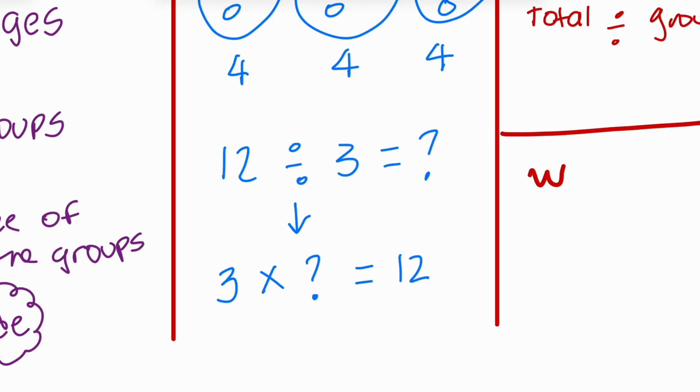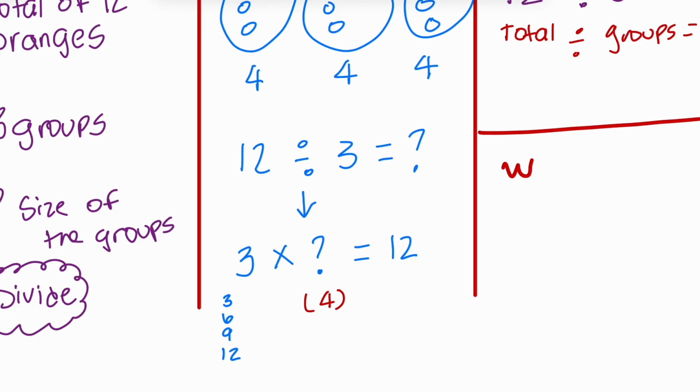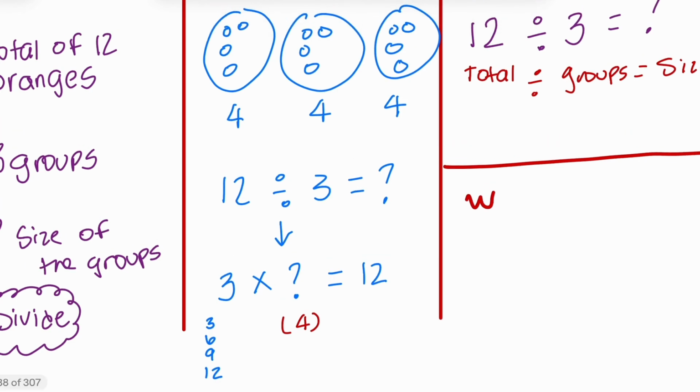We're using the sister of division. And if I do my multiples here of 3, 6, 9, 12, I see that I have 4 numbers. So my answer here would be 4. Okay? It would be 4. So this is one way that I like to use division as a strategy, using the inverse as well as using equal groups.